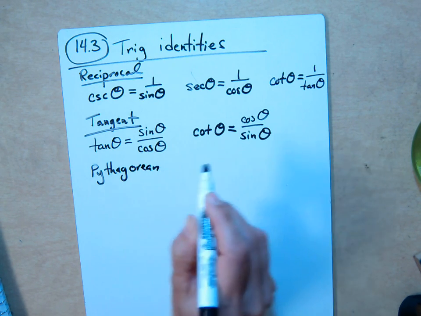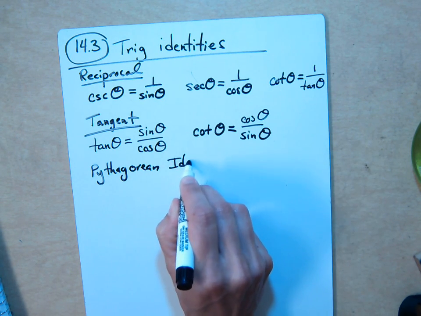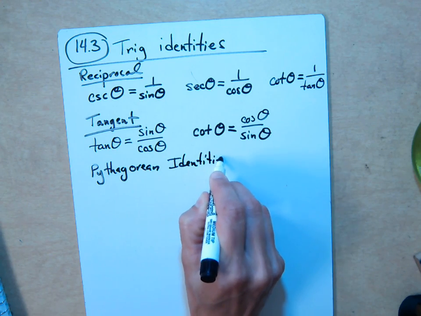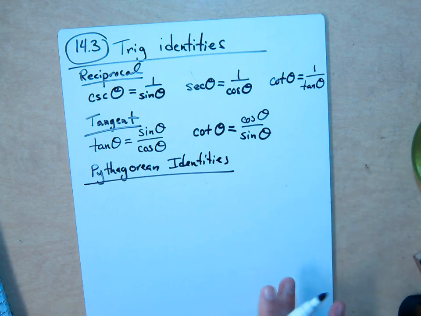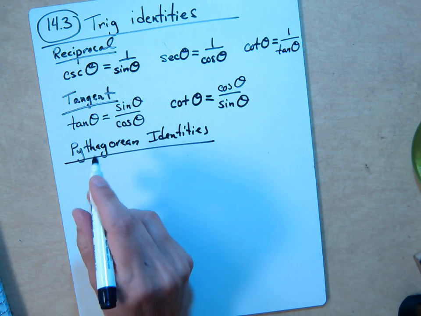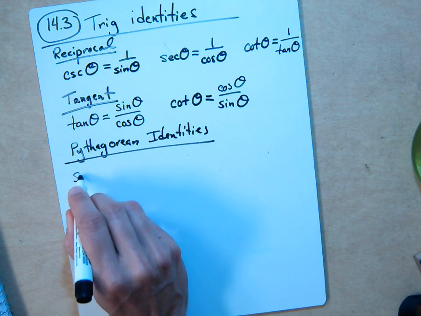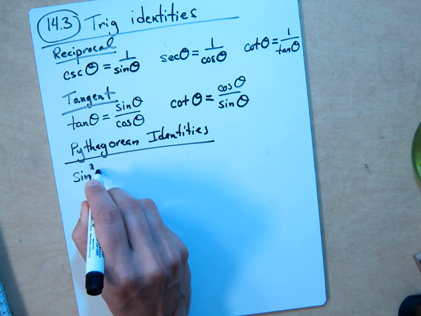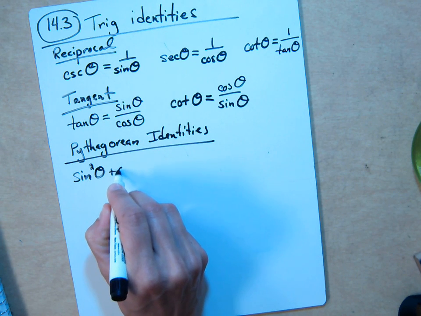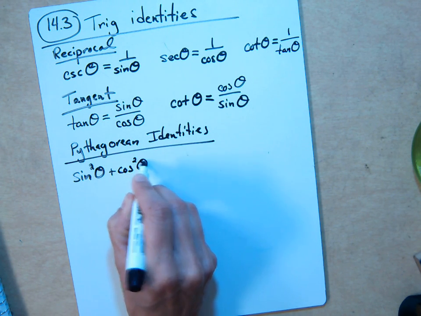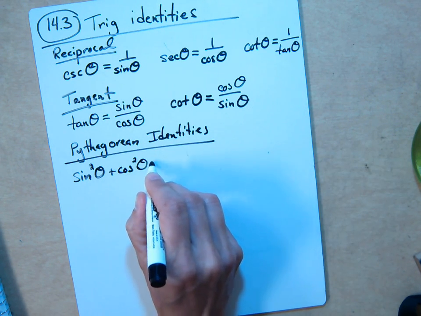Of course, they come from the Pythagorean Theorem. And these are really commonly used. Here's the most common of all: sine squared theta plus cosine squared theta equals 1.